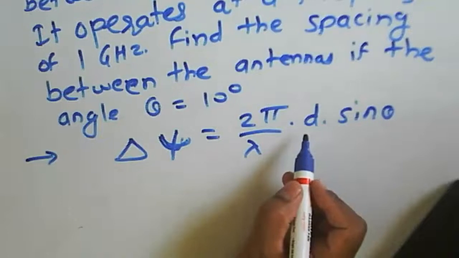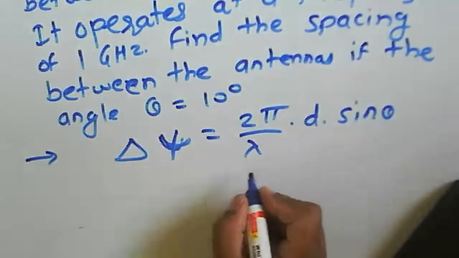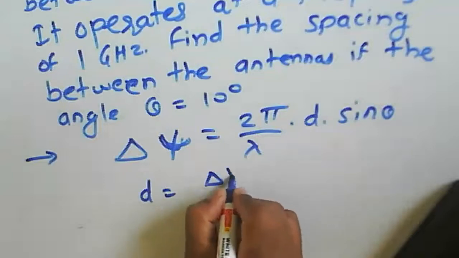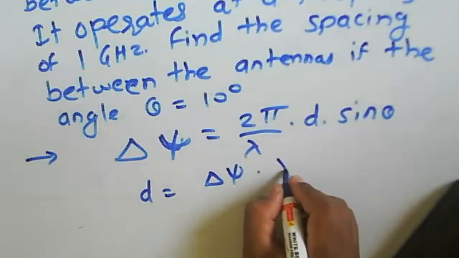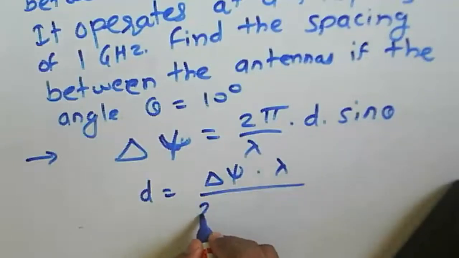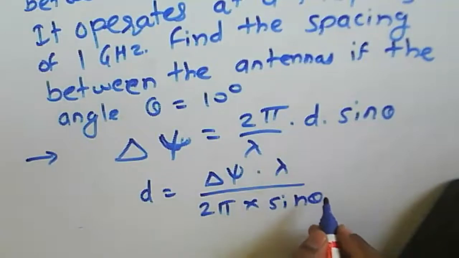So d is equal to Δψ times λ divided by 2π times sin θ.